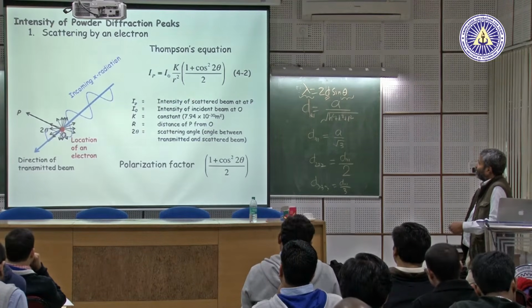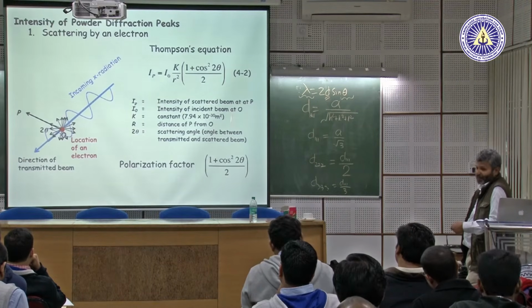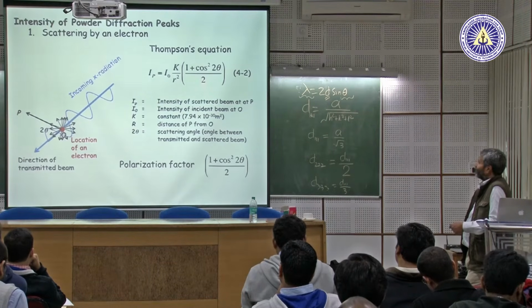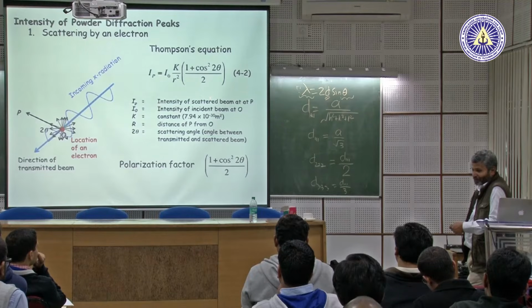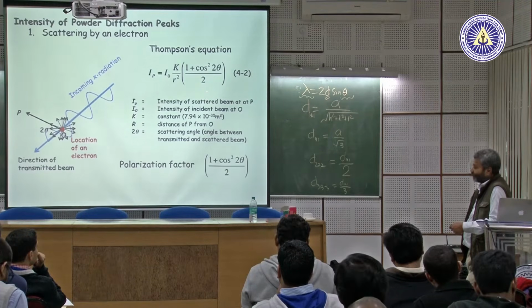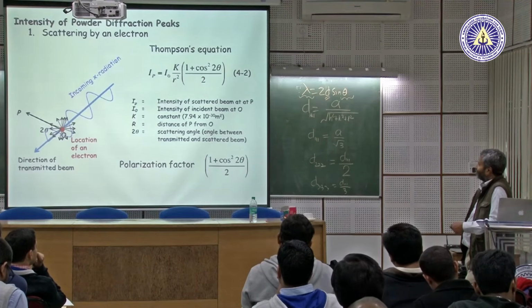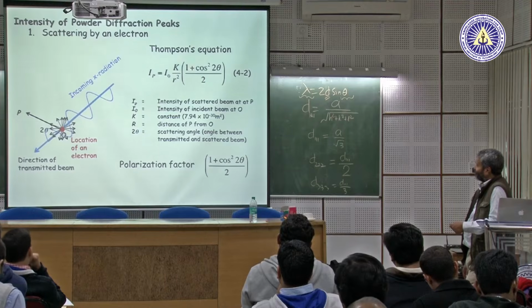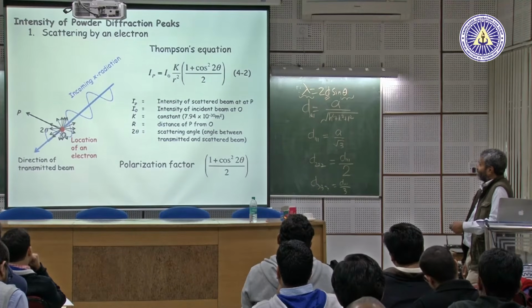The derivation is something we are not doing. I think even Cullity has not derived it, because you require electromagnetic waves and Maxwell's equations to get to that.